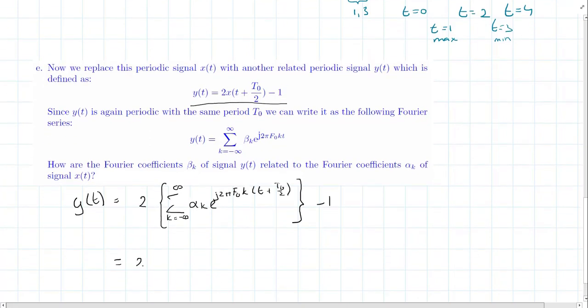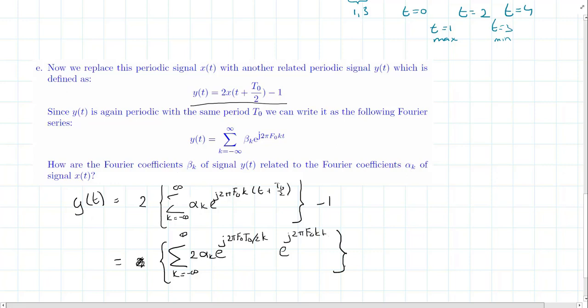So we can split the powers of our exponential function, and we can move the 2 between the brackets. So 2 alpha k e to the power j 2 pi f0 t0 divided by 2 k times e to the power j 2 pi f0 k t, minus 1.